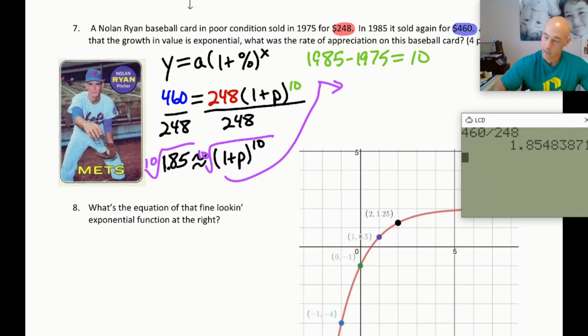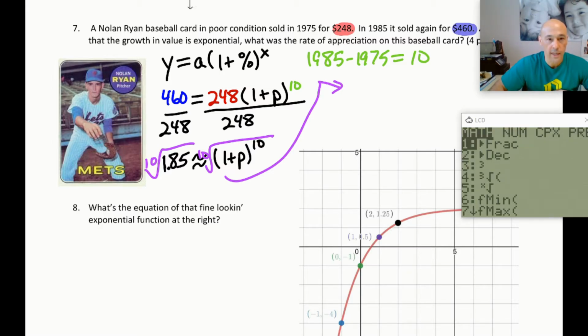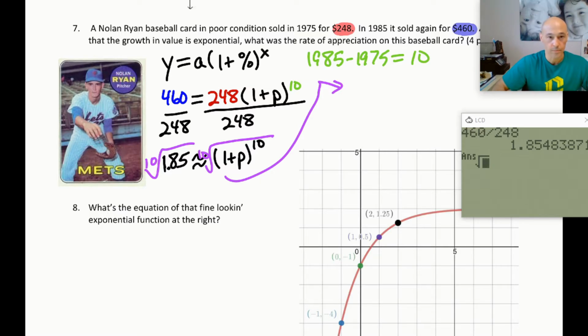And when we do that, on our calculator, we have to find that 10th root. So it's going to be the 10th root of 1.85, which is the answer.